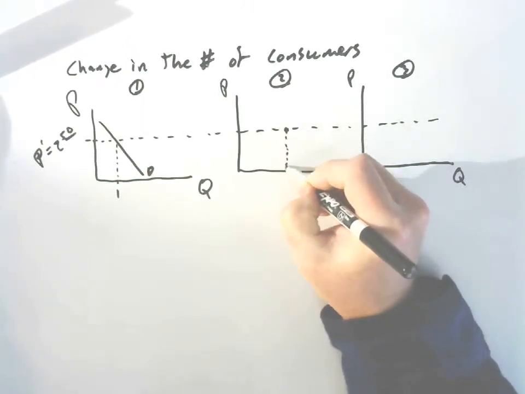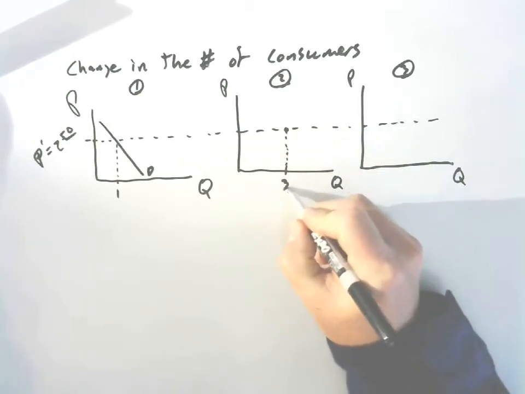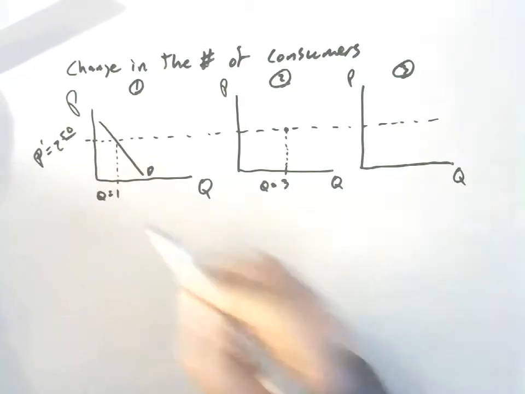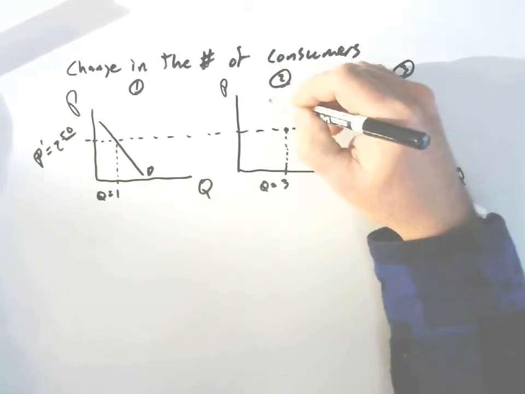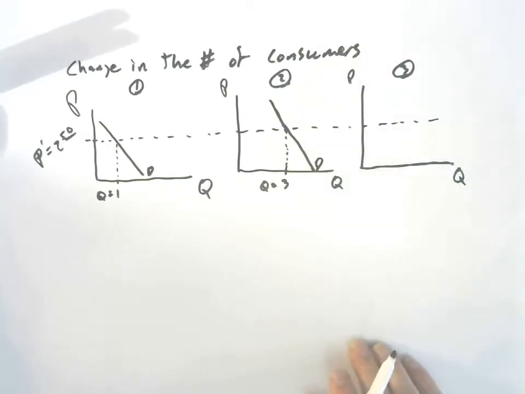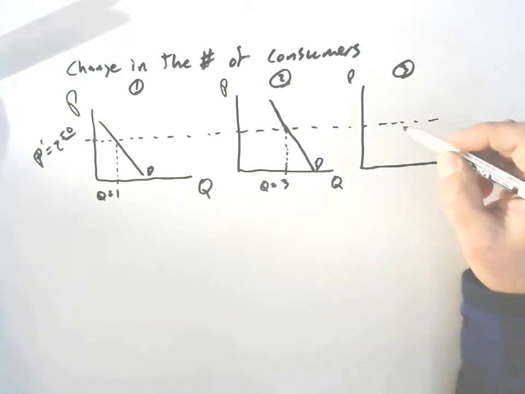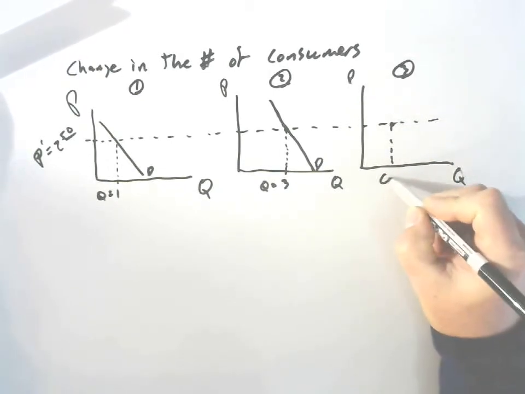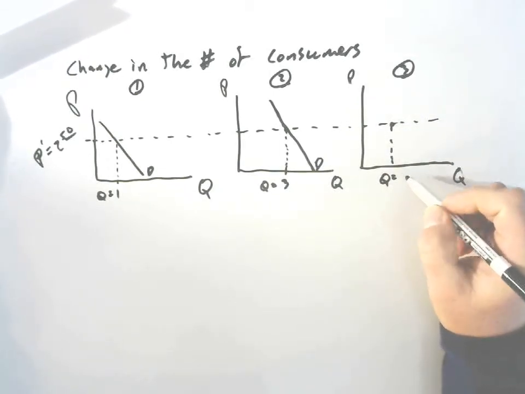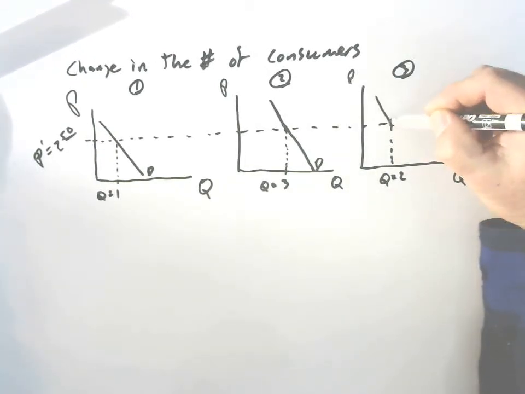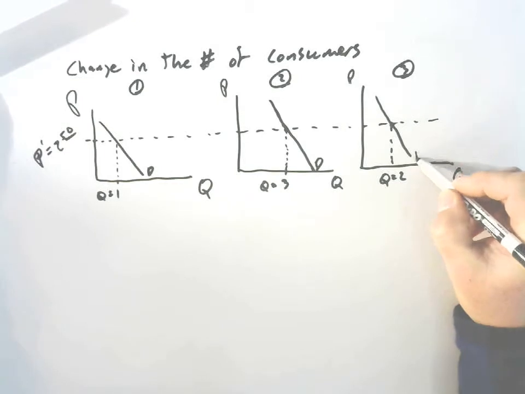So their quantity demanded at $2.50 is three hamburgers, and their demand curve looks something like this. Now let's assume that you, at $2.50, will purchase two hamburgers. So your quantity demanded at $2.50 will be two hamburgers, and let's say your demand curve looks something like this.